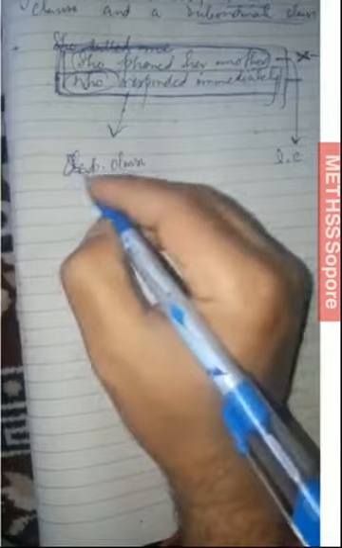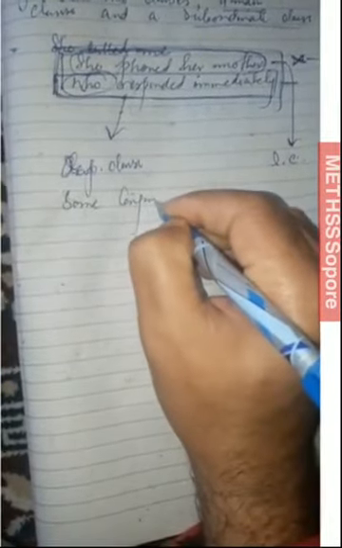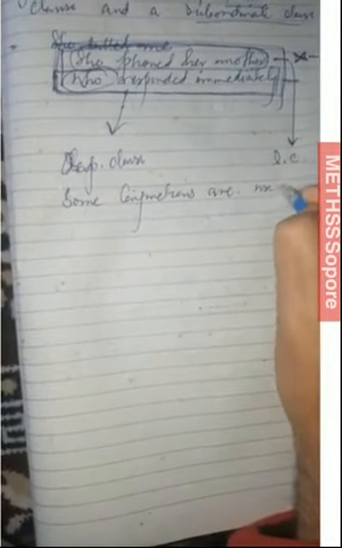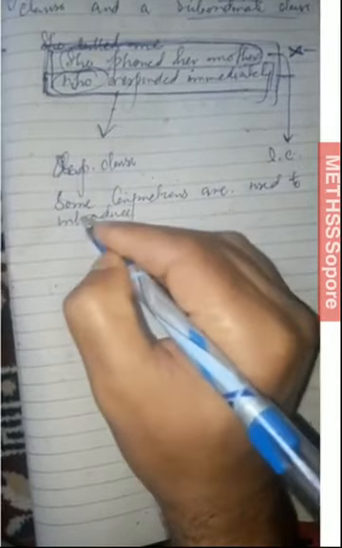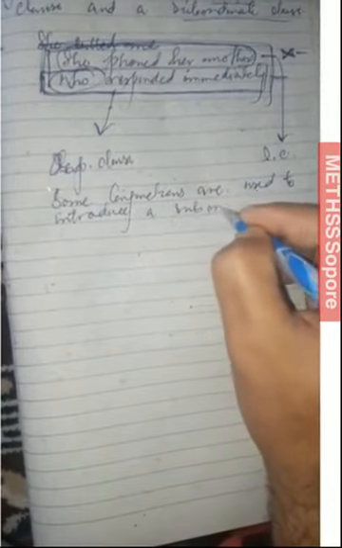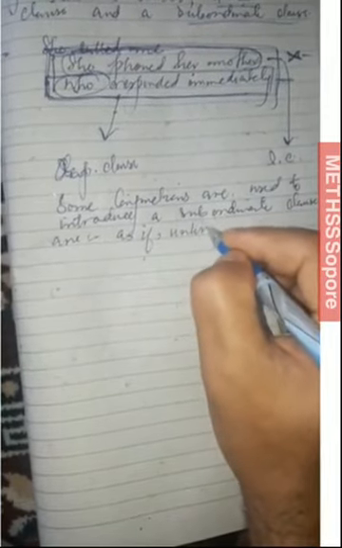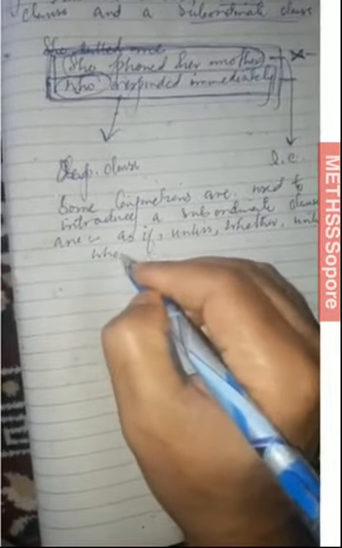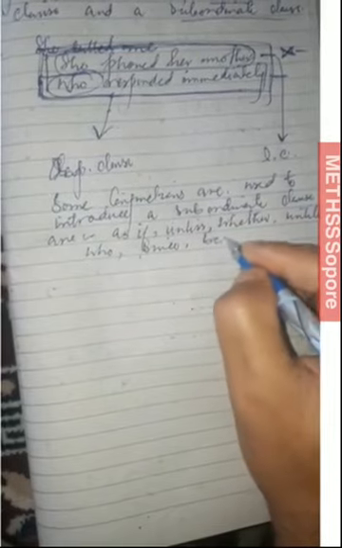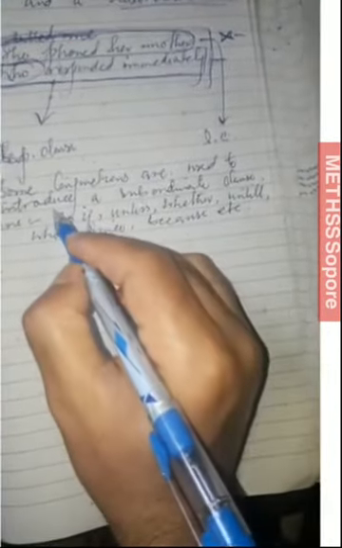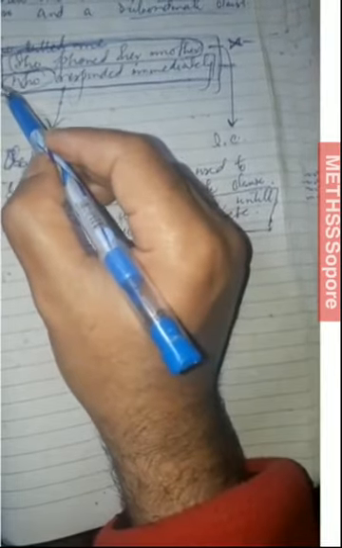Some conjunctions are used to introduce a subordinate clause: as if, unless, whether, until, who, since, because, etc. These conjunctions are used to introduce subordinate clauses. Who has been used here as well.